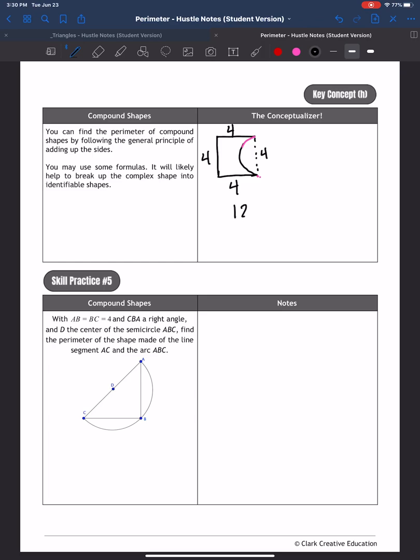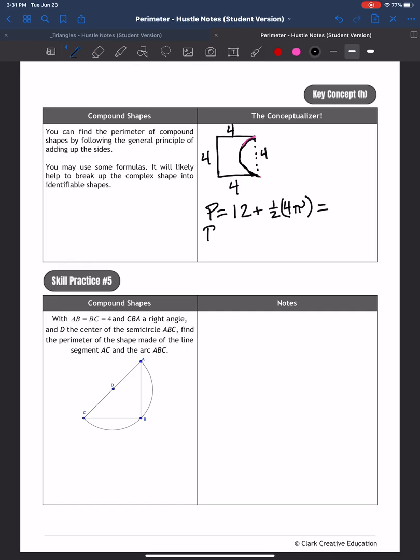So far we have 12 for our perimeter, but now we need the perimeter of this circle, or this half a circle. So if you figure out what half of the perimeter, so half of 4 times pi is, there would be your answer.